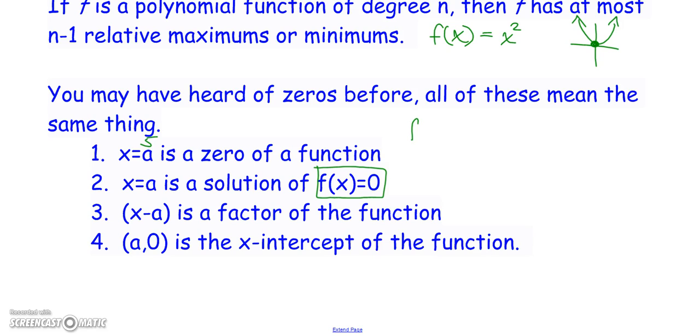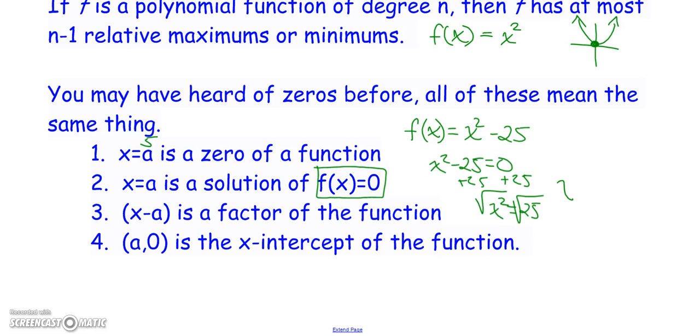For example, if I said f of x is equal to x squared minus 25, the two zeros here are going to be 5 and negative 5, because if you think of setting this equal to 0, add 25 to both sides, you get x squared equals 25, you square root, and when you square root, you always have to remember plus or minus in your answer.